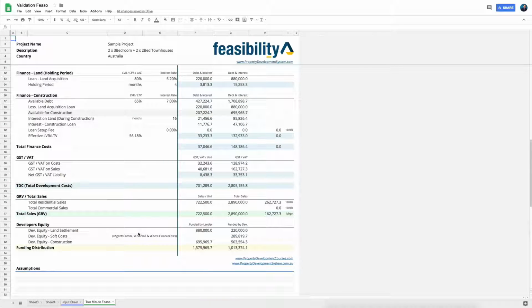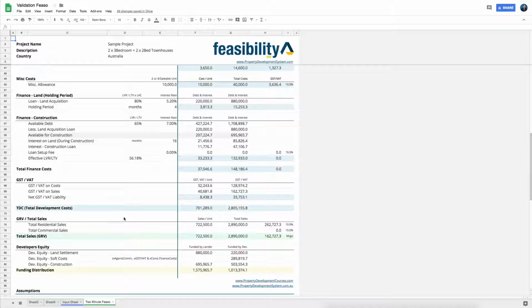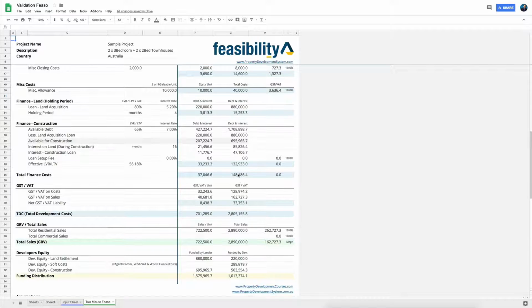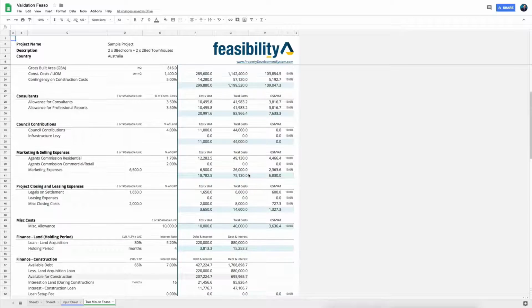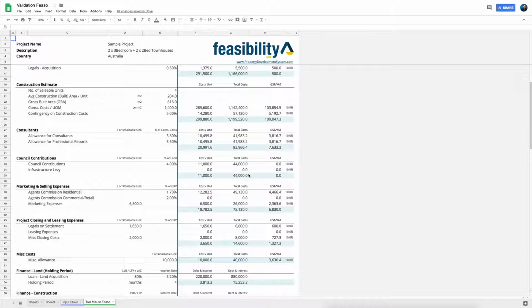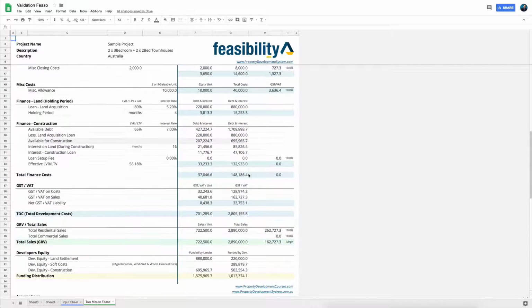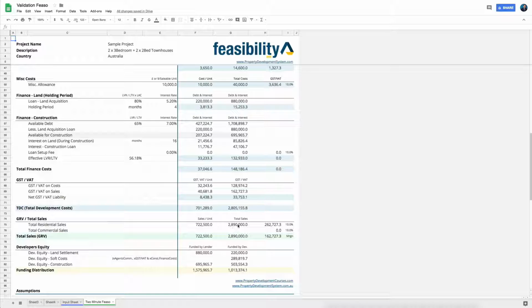So let's see where I'm actually losing money, or where the money is going out of my pocket. When I look at something like this, I can look at my finance costs, about 148,000 for this. So it looks like my end value that I've allowed for the GRV is a lot less.